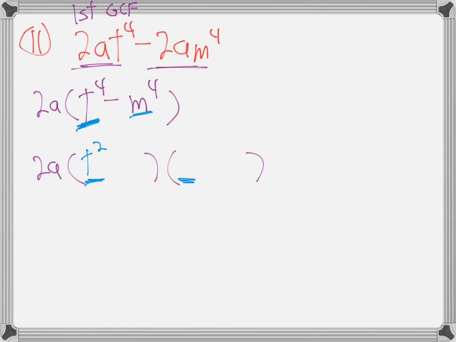Yeah, t squared, huh? And then back times back to make m to the 4th. M squared, m squared. And how do they make negative m to the 4th? 1 positive, 1 negative. Now, are we completely done?